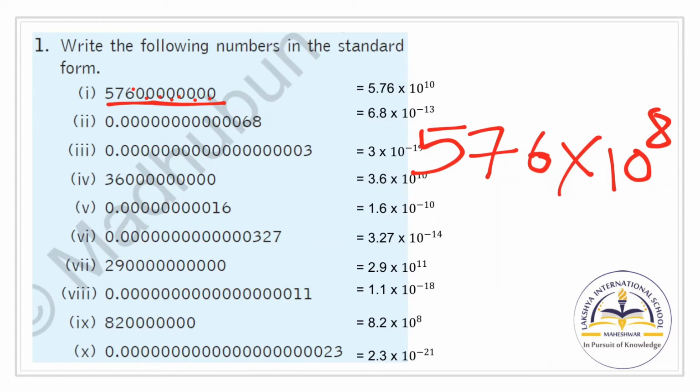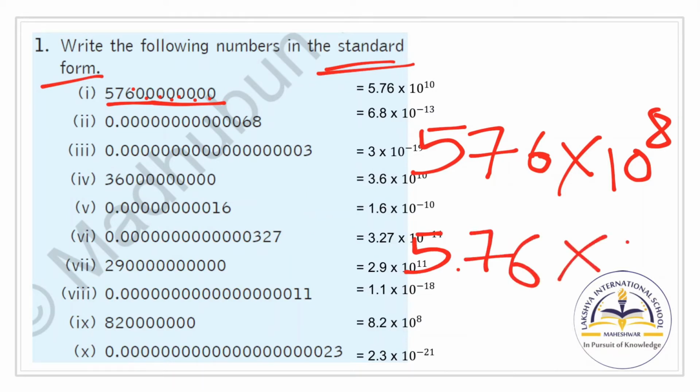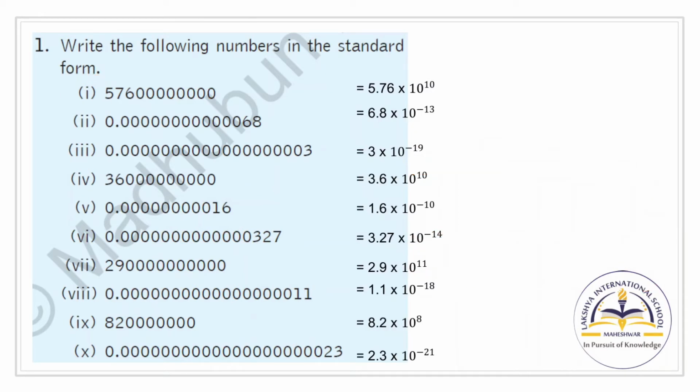Now we have to write it in standard form, which will be 5.76 into, and after the decimal point there are two numbers, so we have to increase the power also, which will become 10 raised to the power 10. So this is solved. Like this you have to solve. Now question number 2 we will see.